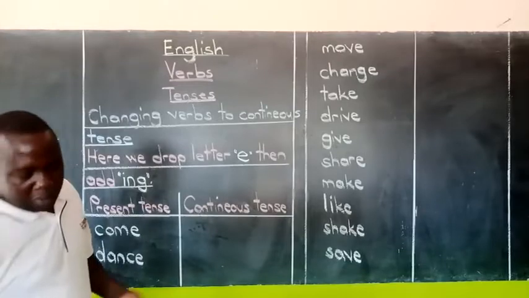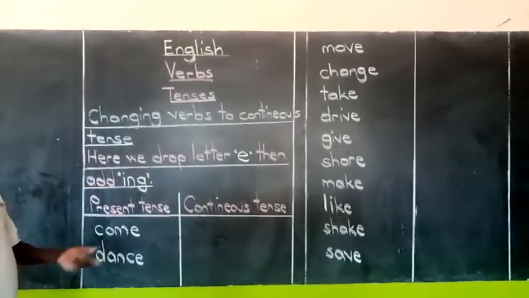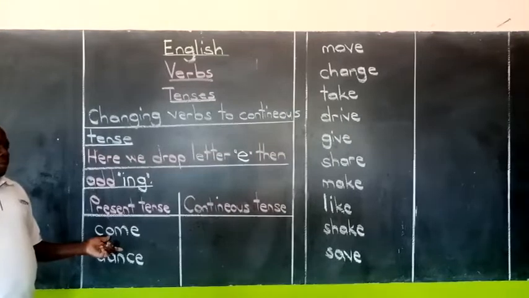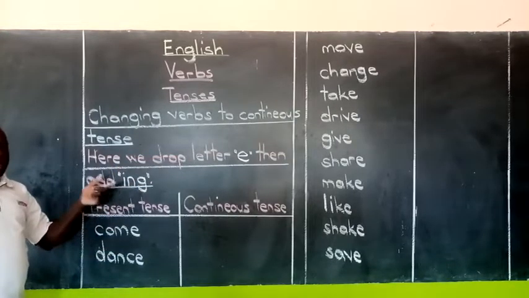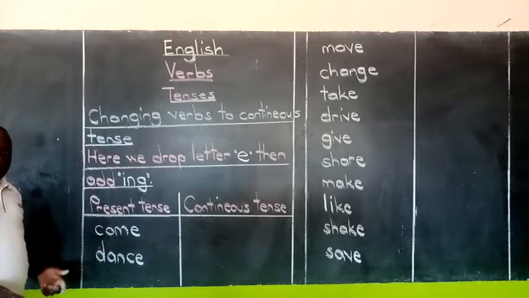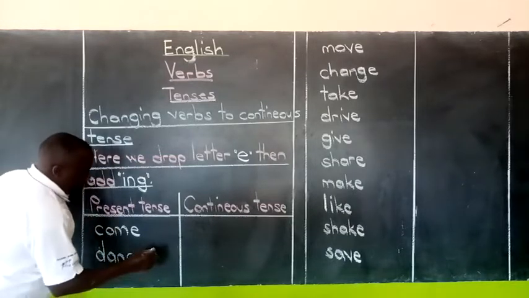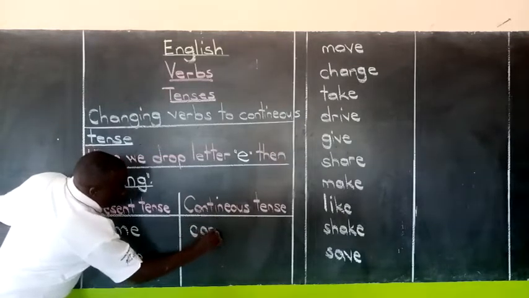So let us begin changing. Drop letter E, then add ing. We have come. In continuous tense we shall have coming.